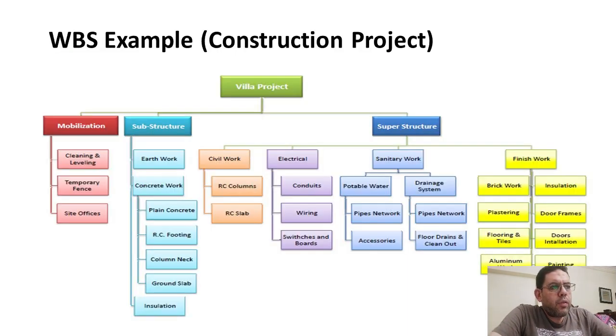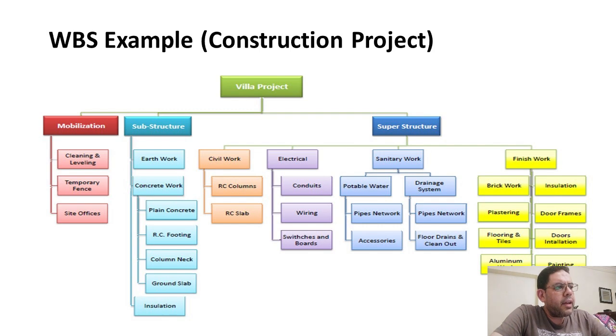This is an example of the WBS of a construction project. We have a villa project. There are main phases: the mobilization of the site, then the substructure for the earthing work, plain concrete, and so on.